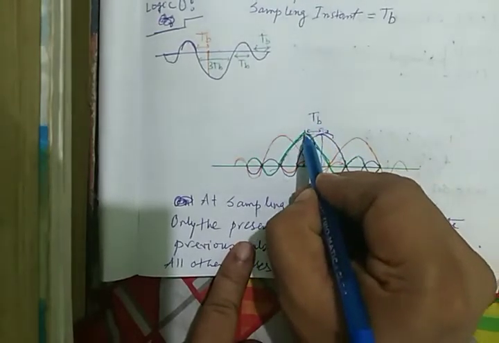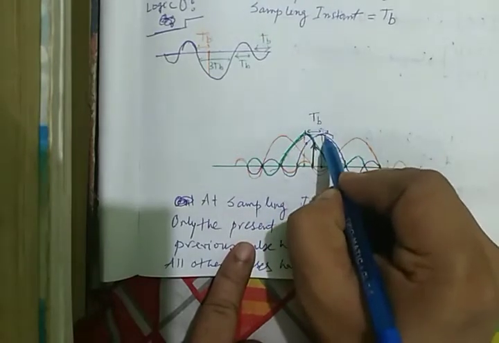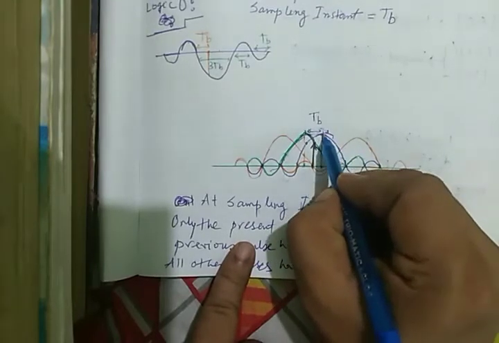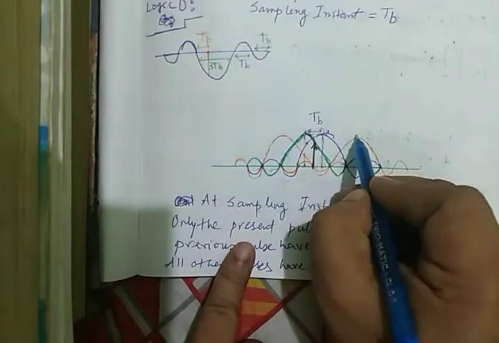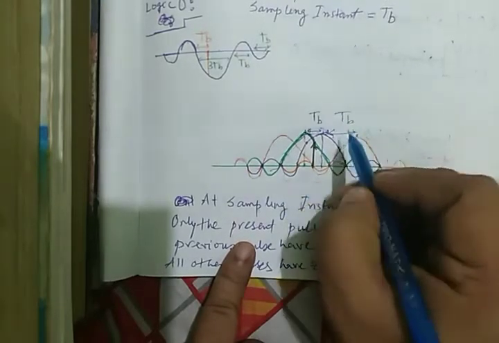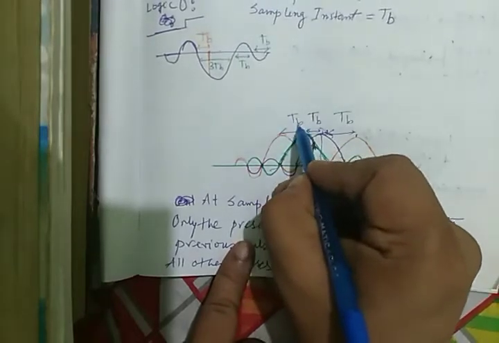That means from this pulse's peak position to the next pulse's peak position, the difference is Tb. Similarly for these two pulses, the difference in position is Tb.